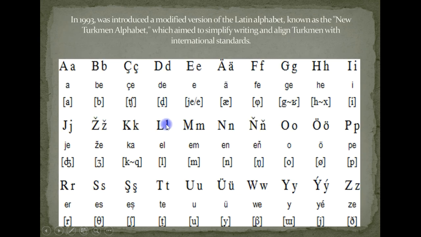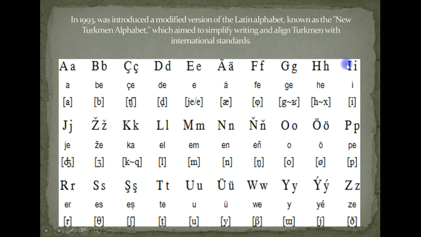After Turkmenistan declared its independence from the Soviet Union, in 1993 a modified version of the Latin alphabet was introduced, known as the New Turkmen alphabet, Täze Türkmen elipbiýi. This is our alphabet, which we still use.